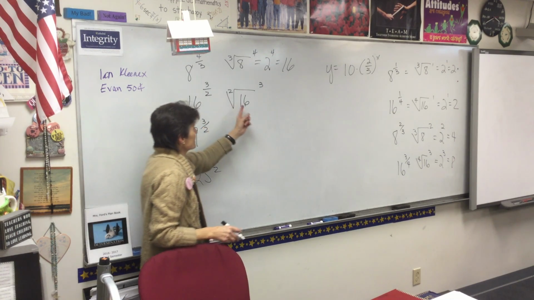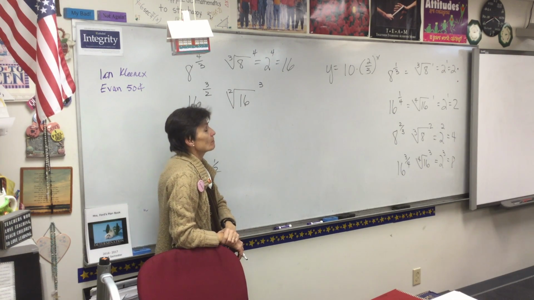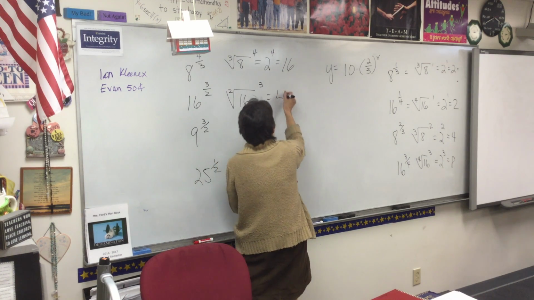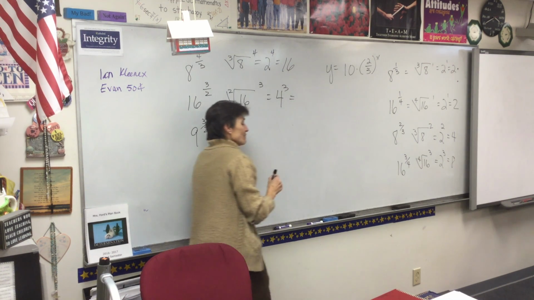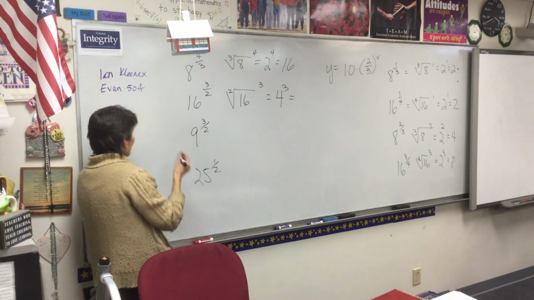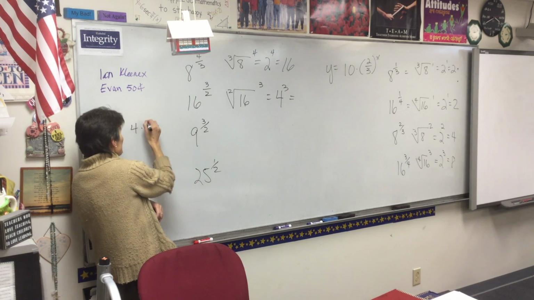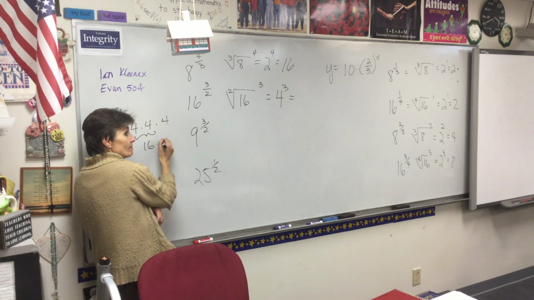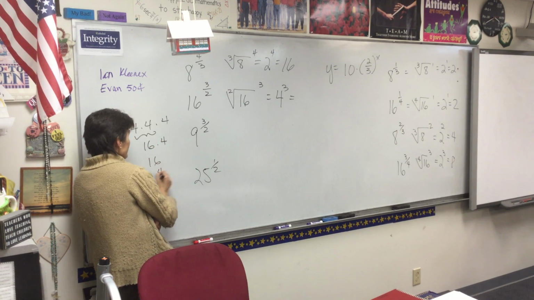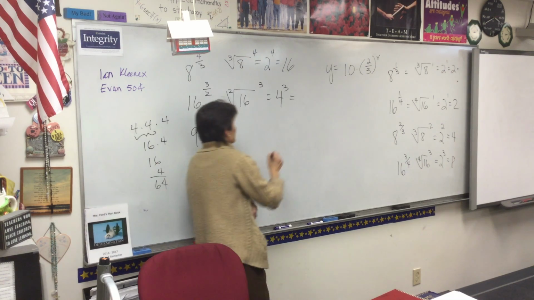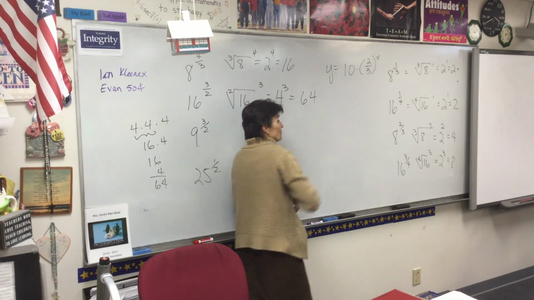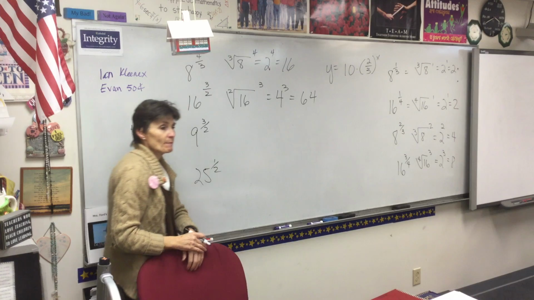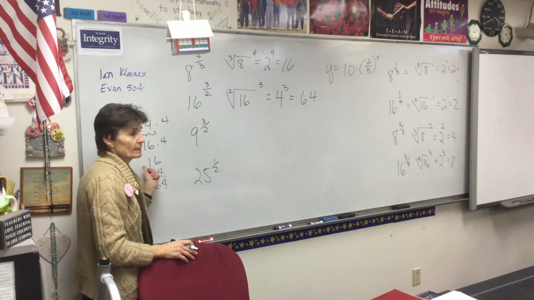What's the square root of 16, Jalen? 4. So we have 4 cubed. You might not have that memorized, so you might have to figure it out. 4 cubed, 4 squared, you know that, that's 16. So we're gonna take 16 times 4 and we get 64. So 4 cubed is 64. If you don't have that memorized, you can always figure it out easily.